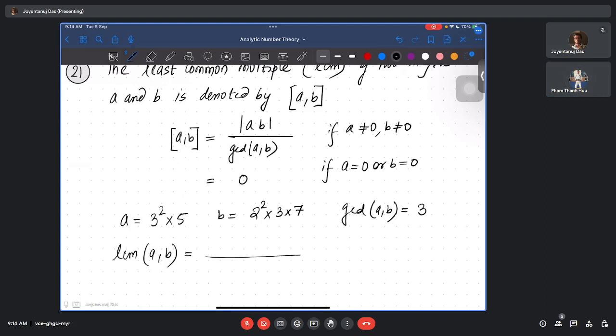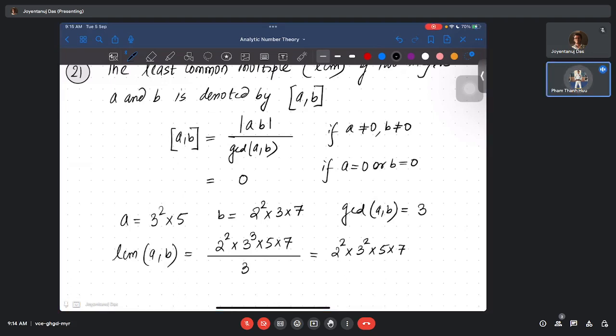So it will be 2 squared times 3 cubed times 5 times 7 divided by 3, right? So this is the example.